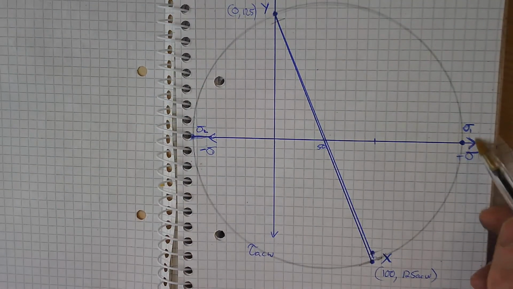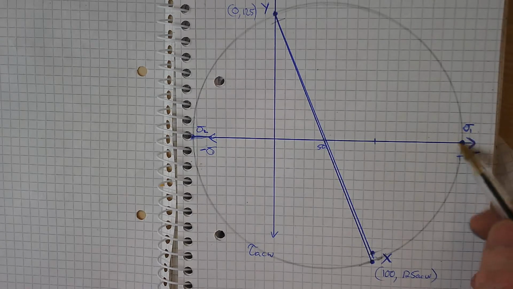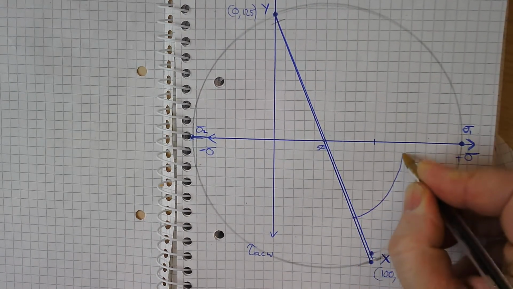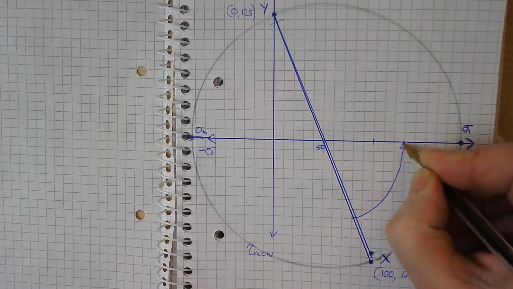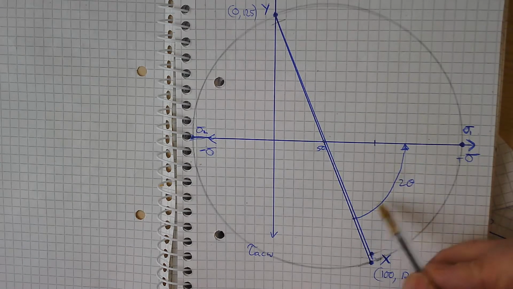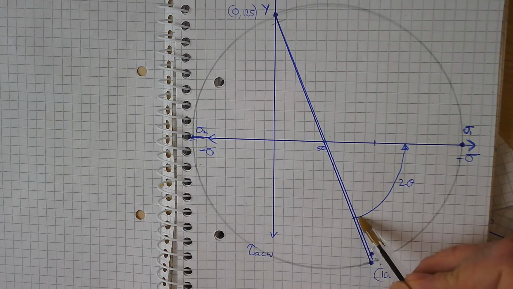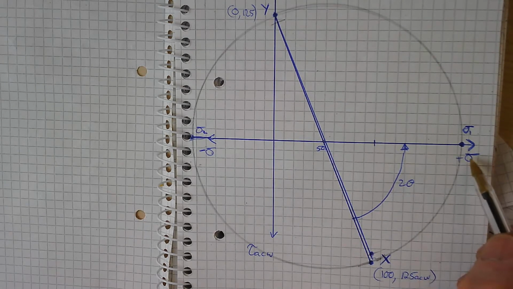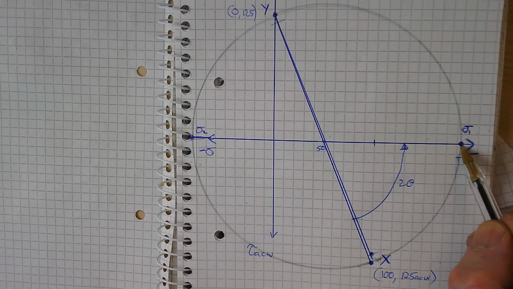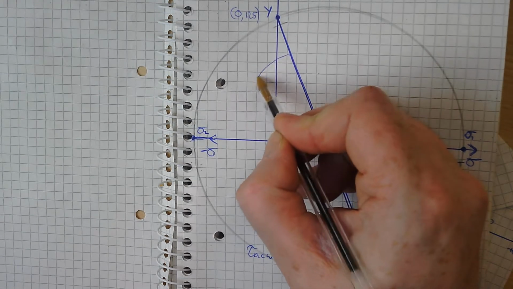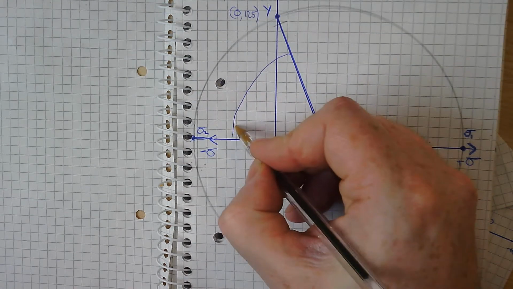So for example, my maximum normal stress is located at some angle. This is 2 theta. So it's at some angle anti-clockwise from my original X coordinate to this maximum normal stress, sigma 1. Alright? That's the same angle as from my original Y coordinate to my minimum, the sigma 2 down here.